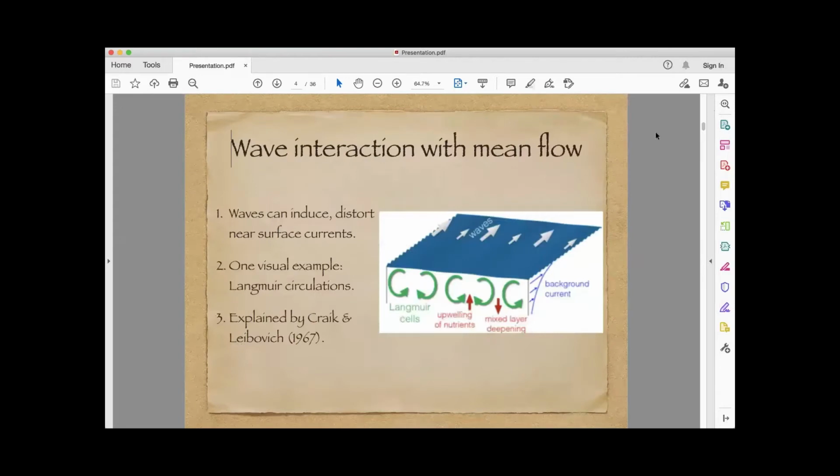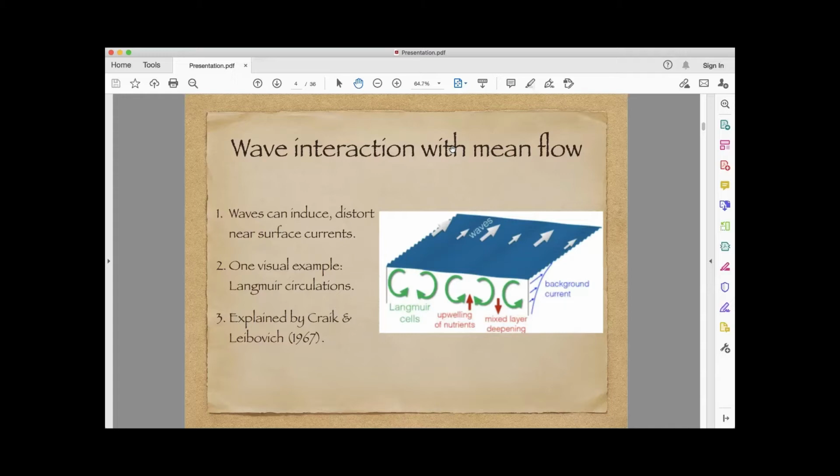Surface waves not only interact by themselves, they also interact with the underlying flow. We know that waves can interact with an underlying mean flow. For example, they can distort surface currents. One visual example of such an interaction is Langmuir circulation. Whenever you have waves on top of some background current, you can have cellular structures formed, oriented along the direction of propagation of the waves. They are very important for mixing of nutrients in the upper ocean.